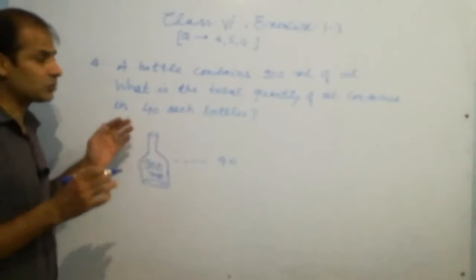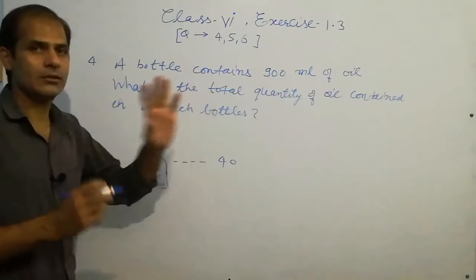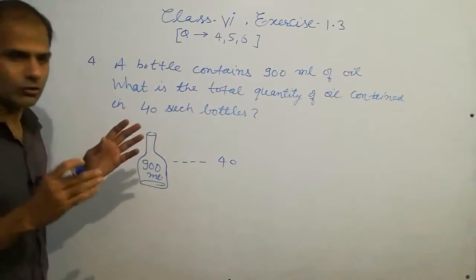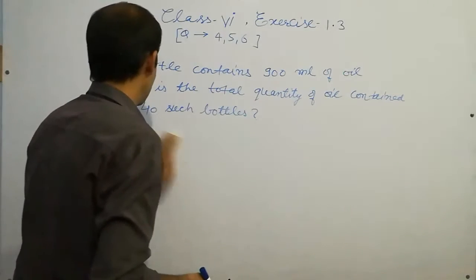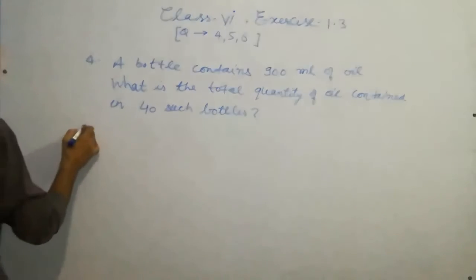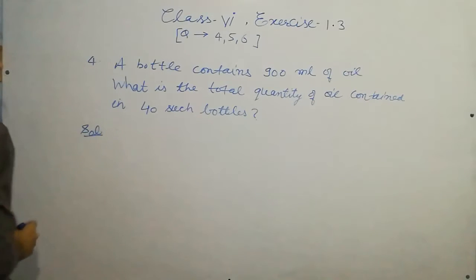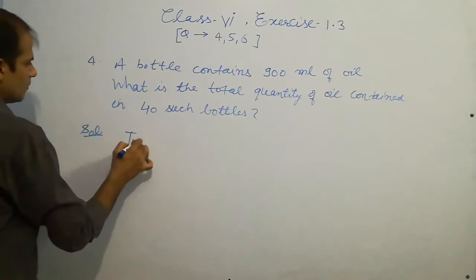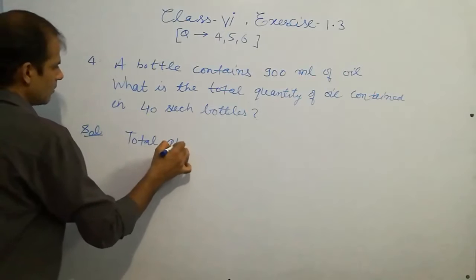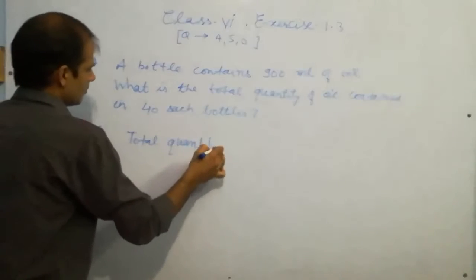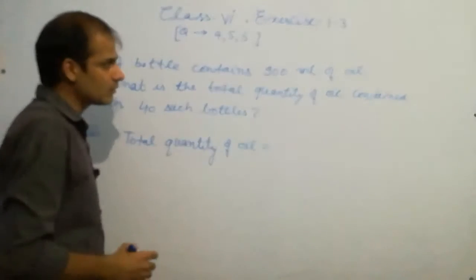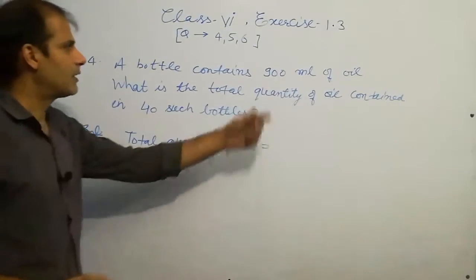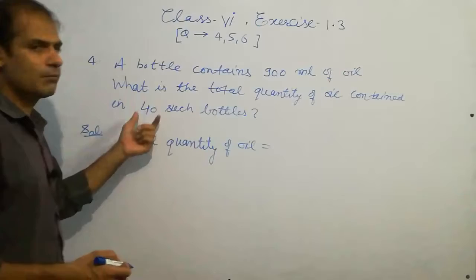So what will be the total quantity of oil in 40 bottles? For this purpose we will perform multiplication, and simply we write total quantity of oil equals, just multiply this amount with the number of bottles.